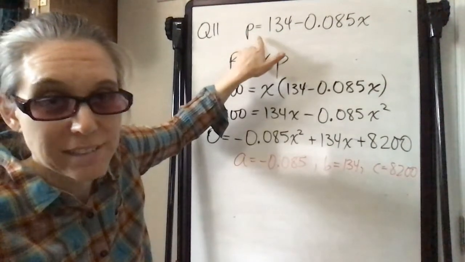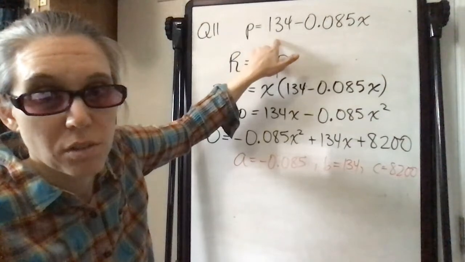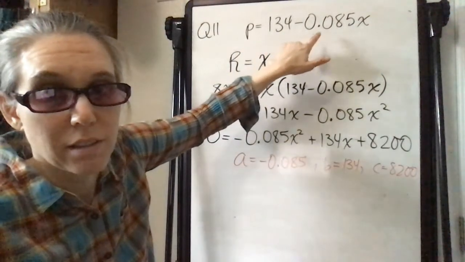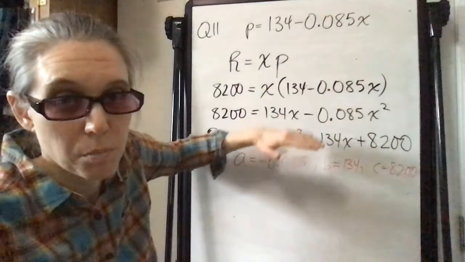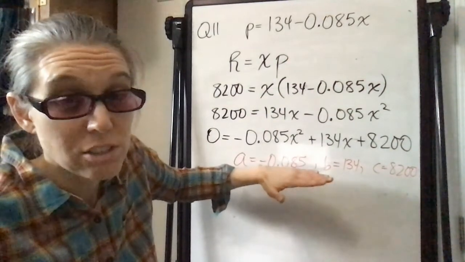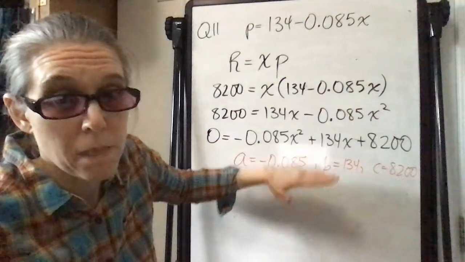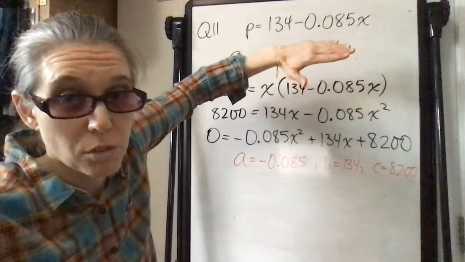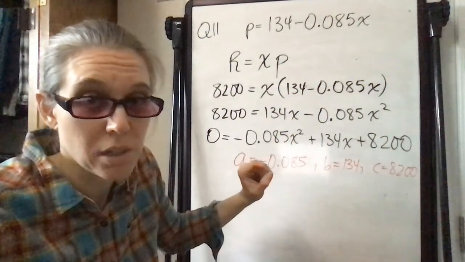The problem is asking you for the price, okay? The price is going to be 134 minus 0.085 times x. So take both your positive x and your negative x that you get from using the quadratic formula, plug it in here. This will give you your price, and then you will have a lowest such price and a highest such price for question 11.